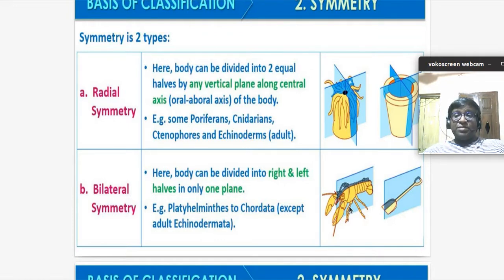Chicken can be divided into two equal halves in only one plane. So this sort of symmetry, we call it as bilateral symmetry. From platyhelminthes to chordata, all of them have this bilateral symmetry except the phylum Echinodermata, where the adults exhibit radial symmetry and larvae exhibit the bilateral symmetry. So remember about it.